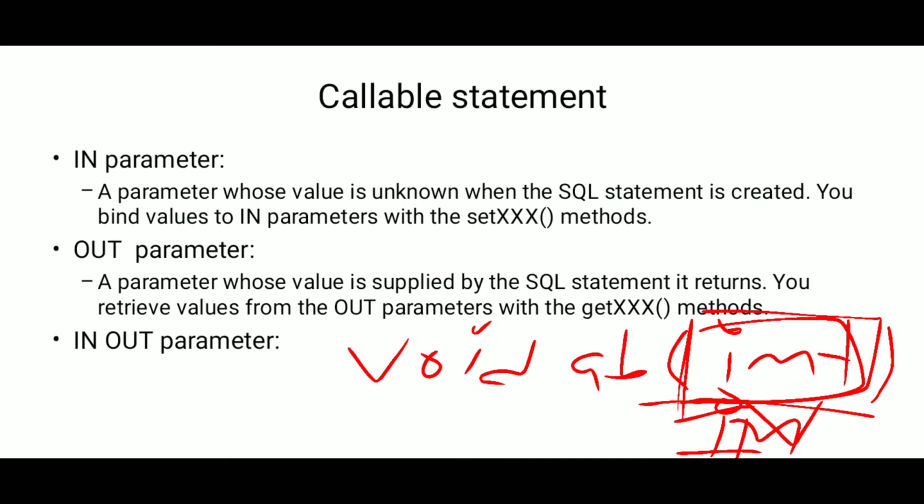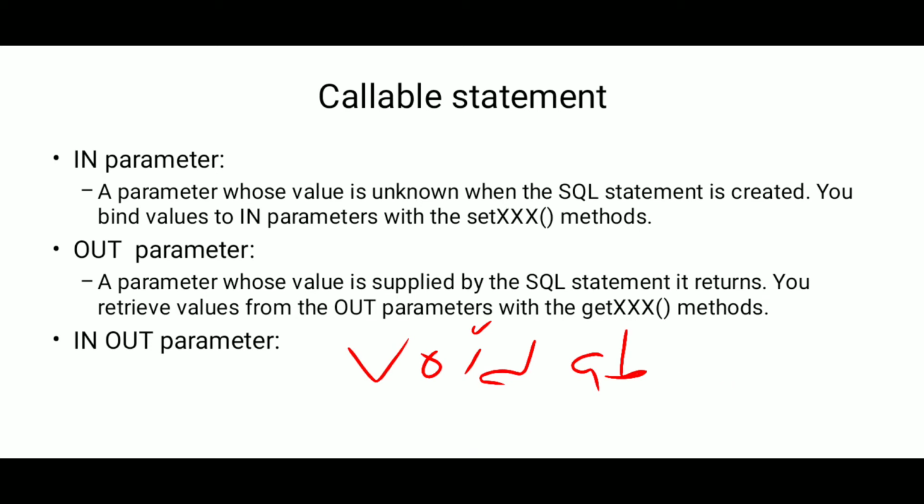So to set the value of this integer type, we use an in parameter in our SQL statement. This is how an in parameter works in our database or in our SQL query.